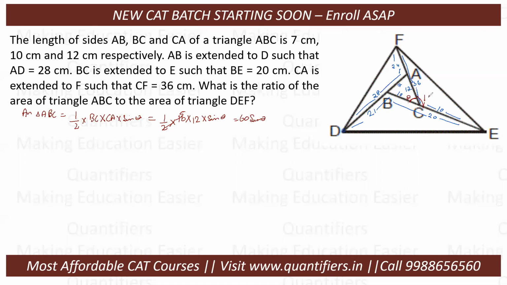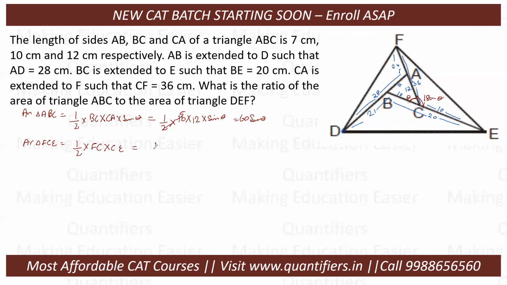Can I say this would be 180 minus theta, linear pair? Theta and 180 minus theta. So what will be the area of triangle FCE? Area of triangle FCE is equal to half into FC into CE.